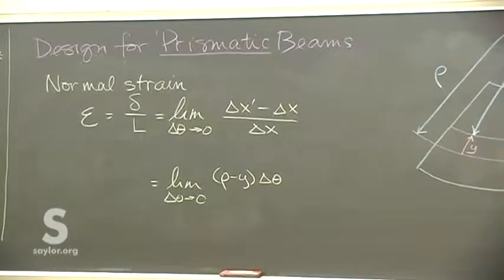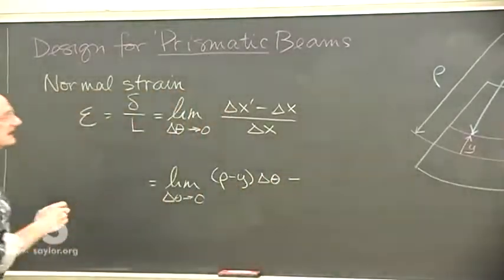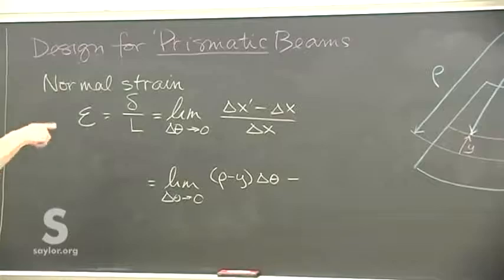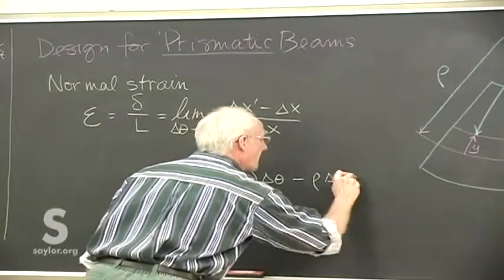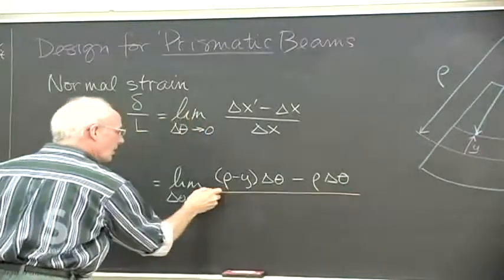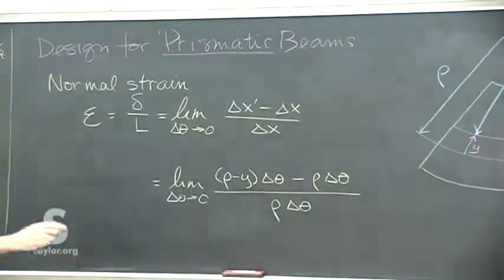That's just arc length, delta theta of course being in radians, minus delta x, which is rho delta theta, and that's all over rho delta theta.